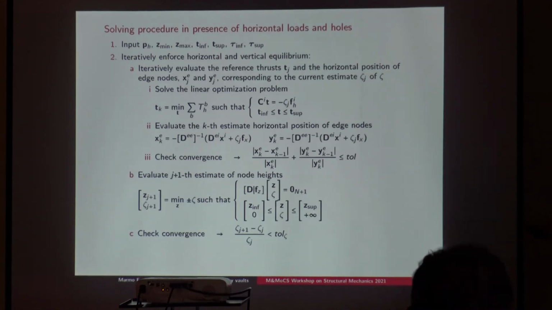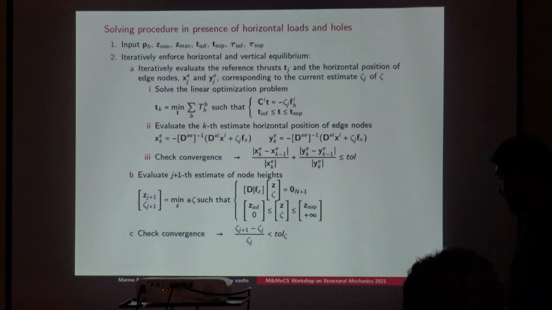This procedure, of course, is iterated until we reach convergence, that is attained when two consecutive values of that parameter zeta coincide with each other relative to a given tolerance.